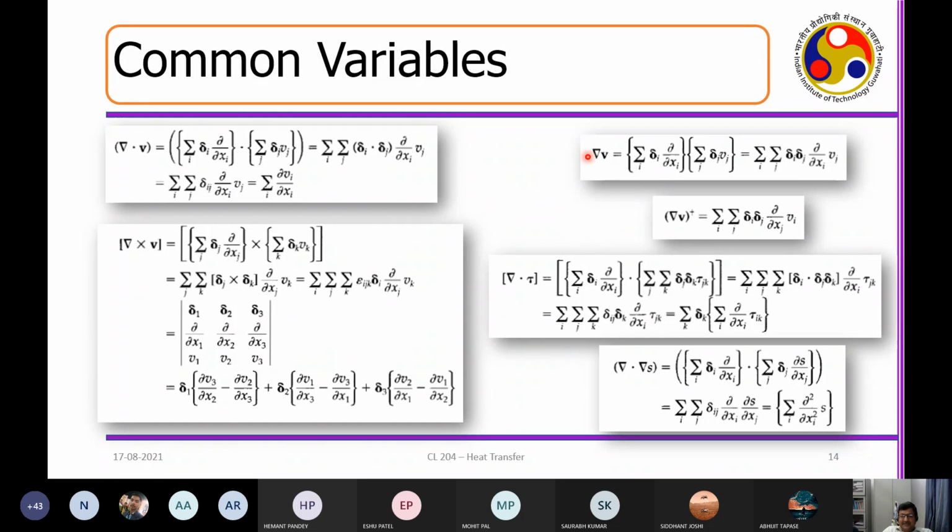So you will get a tensor quantity here, correct? If I take a divergence of a tensor, what should I get? Divergence of a tensor will lead to a vector, yes, because ei ej and then I have ek for the del by del x. Now this ek and ei will collapse to a Kronecker delta and I will have ej, right?